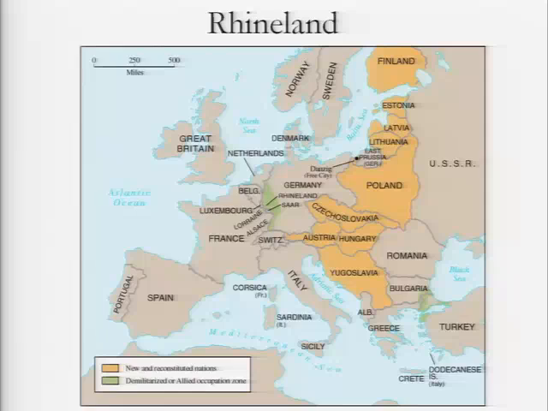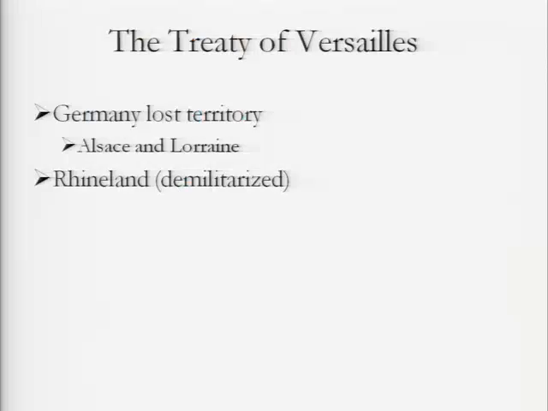So it was a way to create a buffer zone. Now, at the end of the war, there are Allied troops occupying the Rhineland for the next 15 years, but not throughout Germany, just in the Rhineland itself. But it is supposed to be demilitarized, meaning no German troops are allowed in this territory.